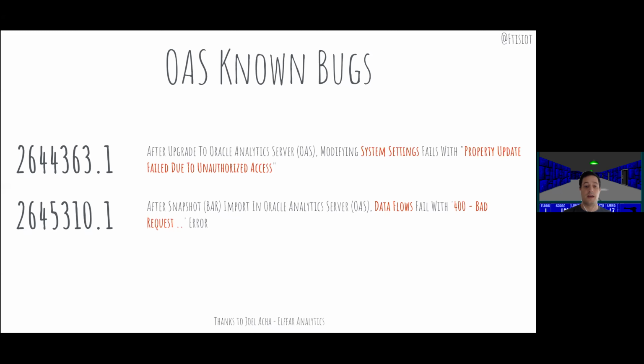And the other one is basically every data flow starts failing when you move to OAS. As you know, the product has been out for a couple of months now, maybe a little bit less. So we will see more and more bugs and workarounds being published. So even if you find some problems there, just raise an SR and Oracle support will help you out.